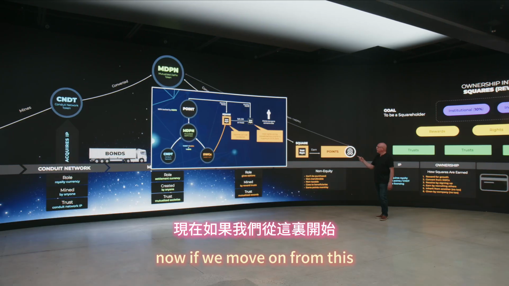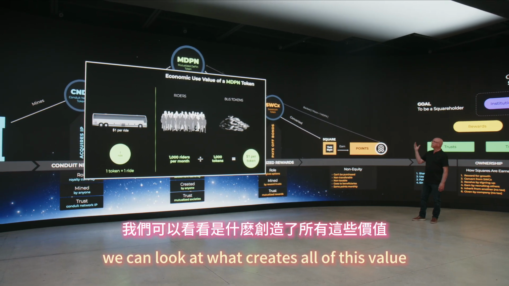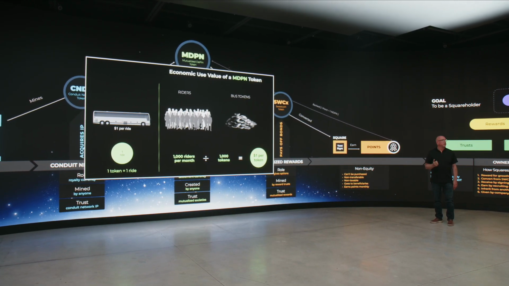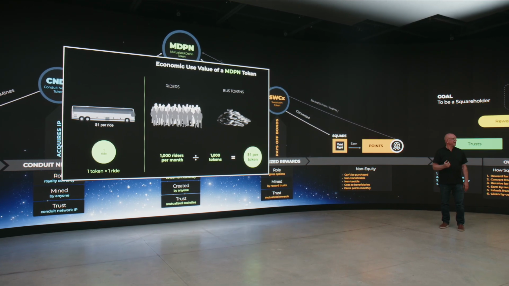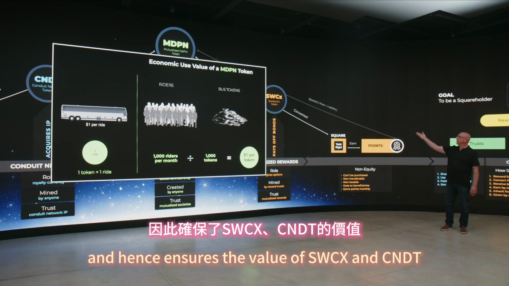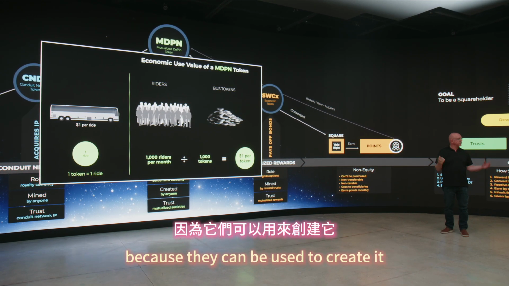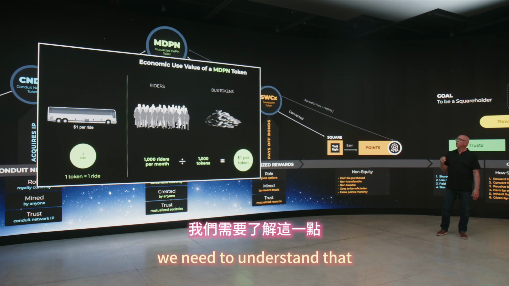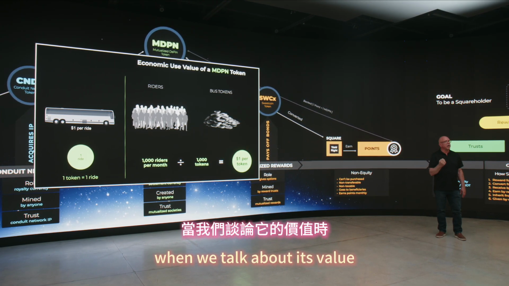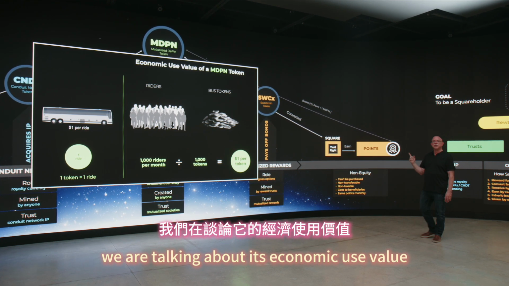Now, if we move on from this, we can look at what creates all of this value. What makes MDPN valuable? And hence ensures the value of SWCX and CNDT because they can be used to create it. Well, to understand this, we need to understand that when we talk about its value, we are talking about its economic use value.